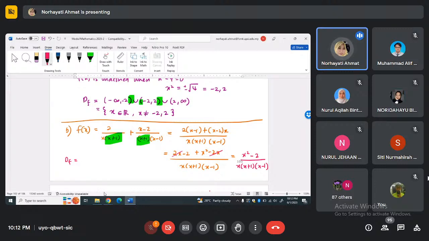What is the domain of this function? Apa dia, kelas? Kita pakai dalam bentuk set. X is all real numbers, but x cannot be, apa dia?